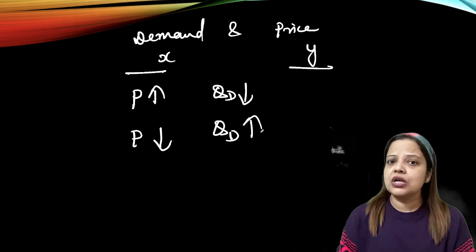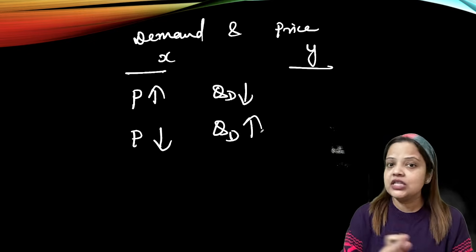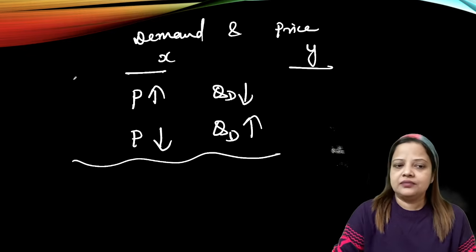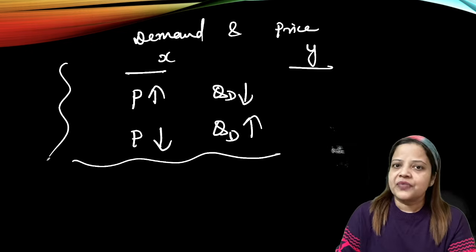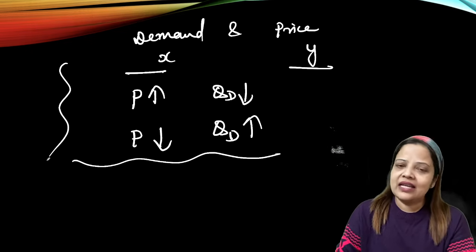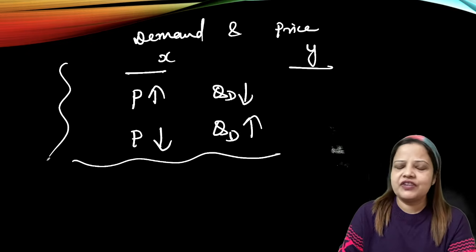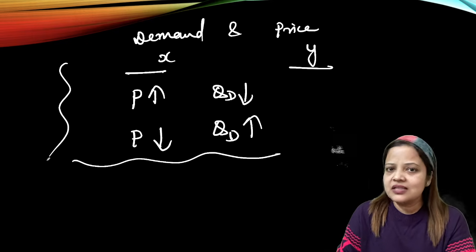So there is negative correlation between these two variables, right? But the correlation coefficient only tells us that there is an association, or a positive or negative correlation, between these two variables. It does not give us the information whether one is the cause and the other is the effect.